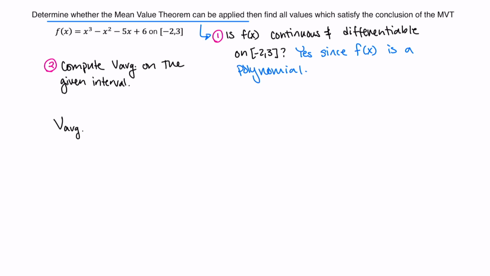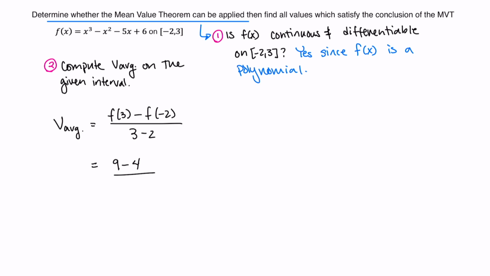So the average rate of change on this interval is equal to f of 3 minus f of -2 over 3 minus 2. So popping a 3 in for all the x's here will provide us with an output of 9, and then putting in a -2 for all the x's here will provide us an output of 4.